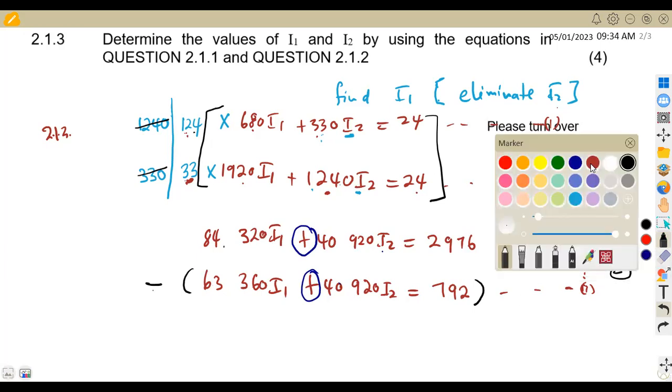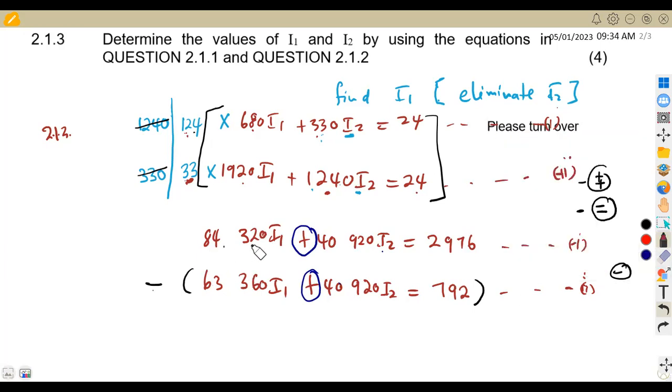All right, so let's see what you're going to obtain from this part. From current 1 and current 1, if we subtract these two, we are going to obtain 20,960 I1. Then on I2, we are eliminating. This is going to give us a 0. So that means we are left with nothing in this case.